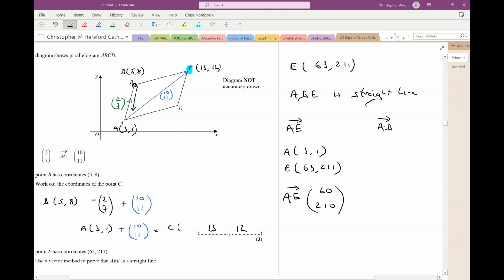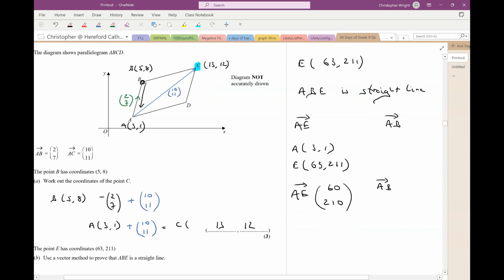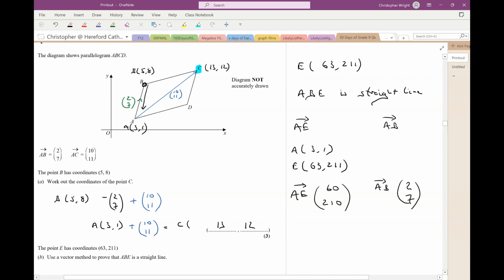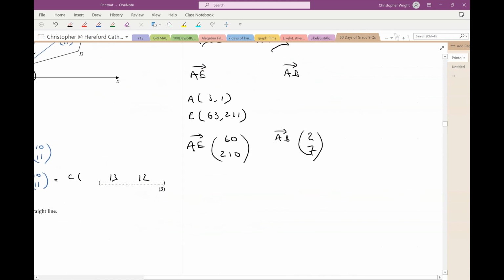Meanwhile, I already know the vector AB. The vector AB is (2, 7). So let's have a look at whether or not AE is a multiple of AB. And it is, look, because 60 divided by 2 is 30, which is the same as 210 divided by 7.